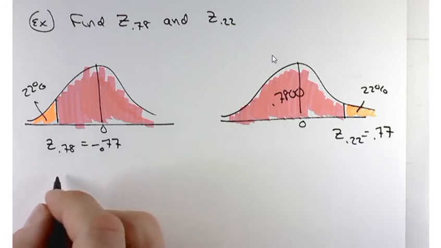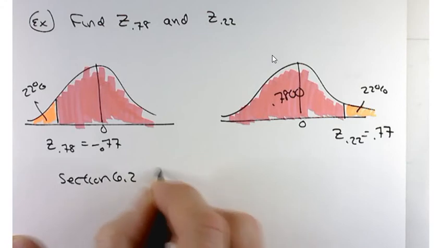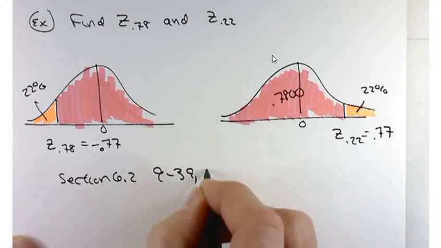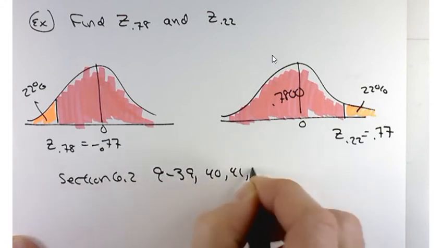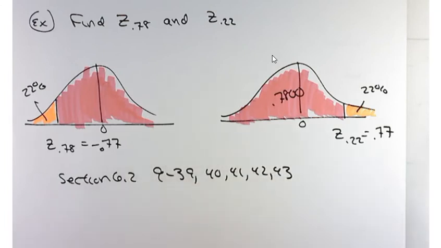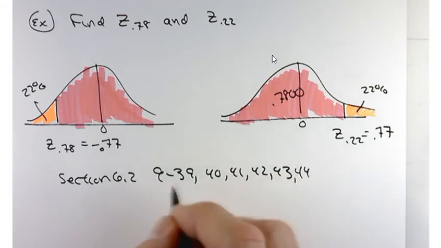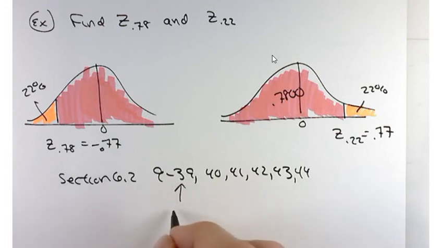This is section 6.2, problems 9 through 39, and then 40, 41, 42, 43, and 44. So usually I assign just the odd problems, but in this case, I'm assigning a few even problems.